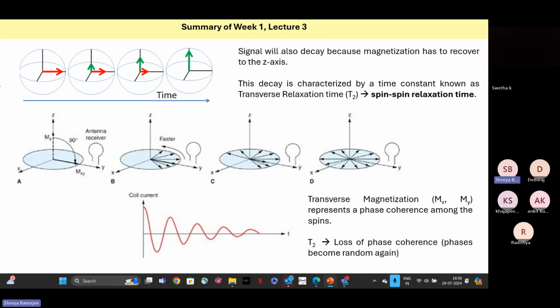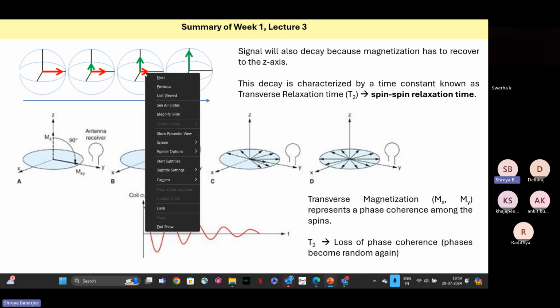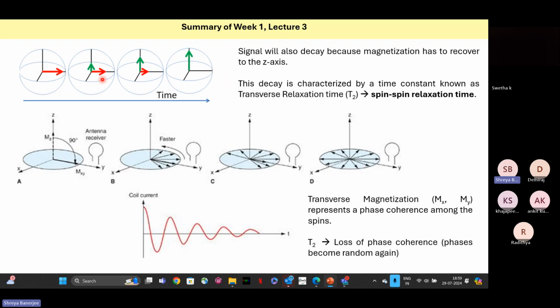Now, what about when B0 is switched off? During B0, your magnetization is in the XY plane. As B0 is switched off, slowly the XY component becomes lesser and lesser. You can see this red component, the XY component, is slowly reducing and the Z component, which is the initial magnetization along the Z axis, is slowly recovering.